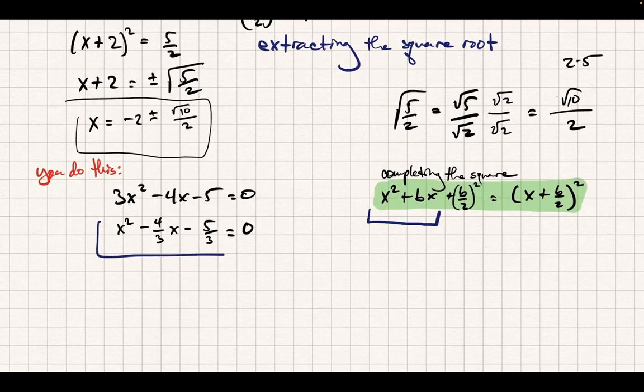So what about this is not looking like this yet? Addition property of equality. Add 5/3 to either side. Yep. And then, Cormac, what do I do after that? The thing you mentioned, completing the square.